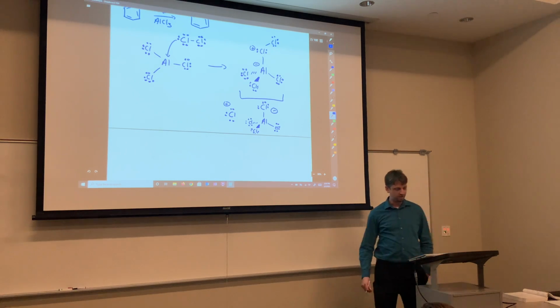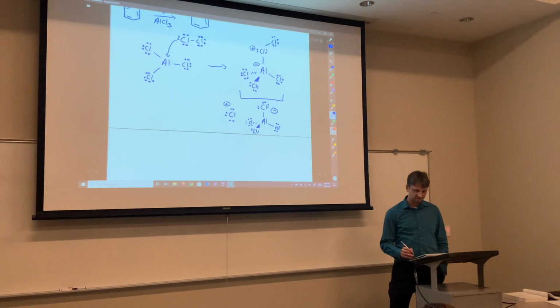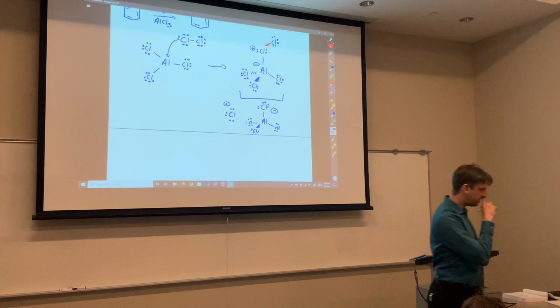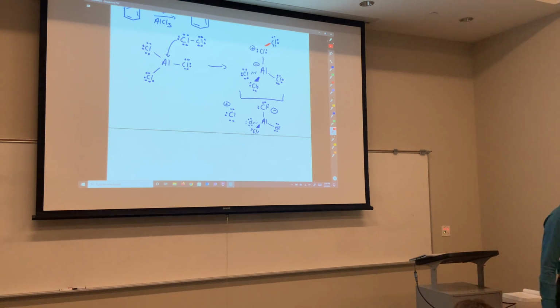Sometimes you'll see it drawn like that, wherein this bond here, they kind of just go ahead and break that. You're not technically wrong with that, but I don't know what the concentration of Cl plus in a solution like this would be, to be honest.